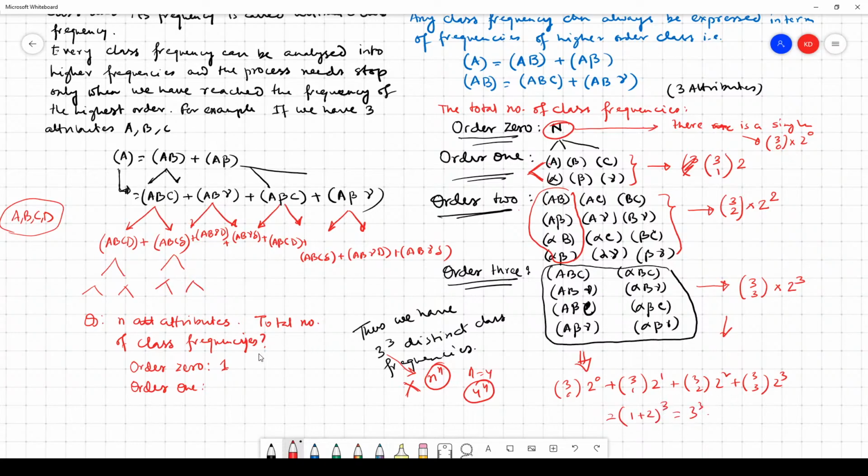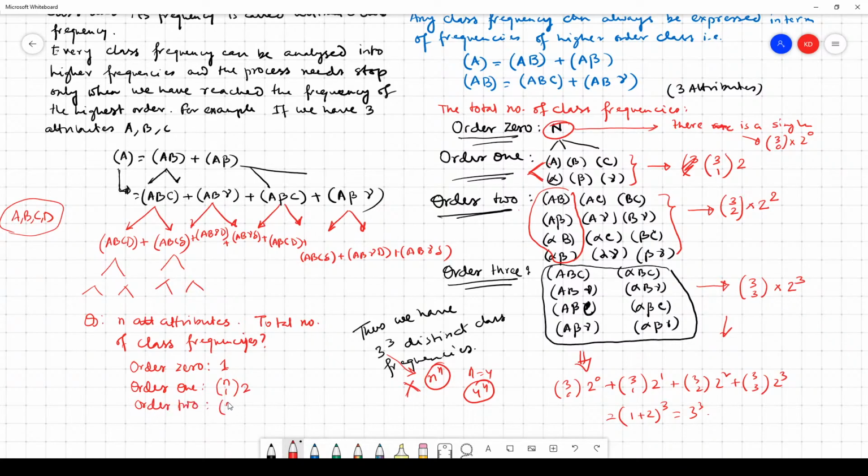So similarly, if you have n attributes, first you choose any one attribute in NC1 ways, and each attribute has 2 possibilities, so it is possible in 2 ways. So NC1 into 2. For order 2, you need 2 attributes.